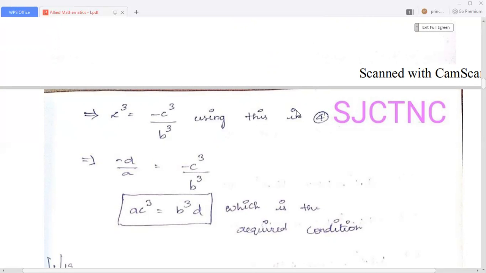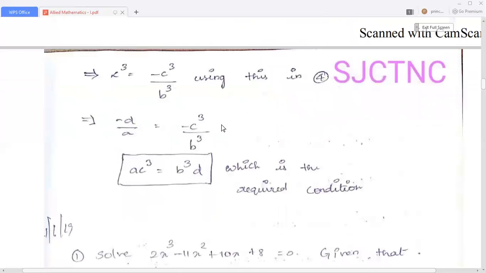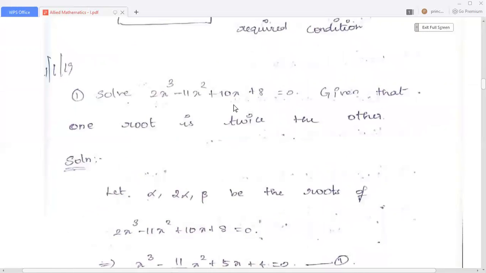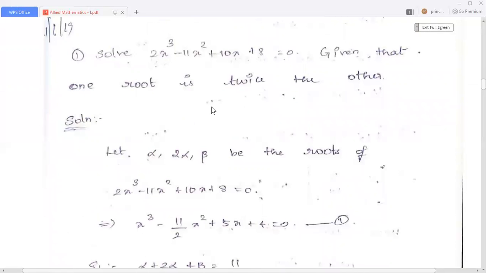Using this value in equation number 4, we get minus d by a is equal to minus c cube by b cube. Both sides we have minus, so we cancel that. So by cross multiplication, we get a into c cube equal to b cube into d, which is the required condition. So this completes the problem.